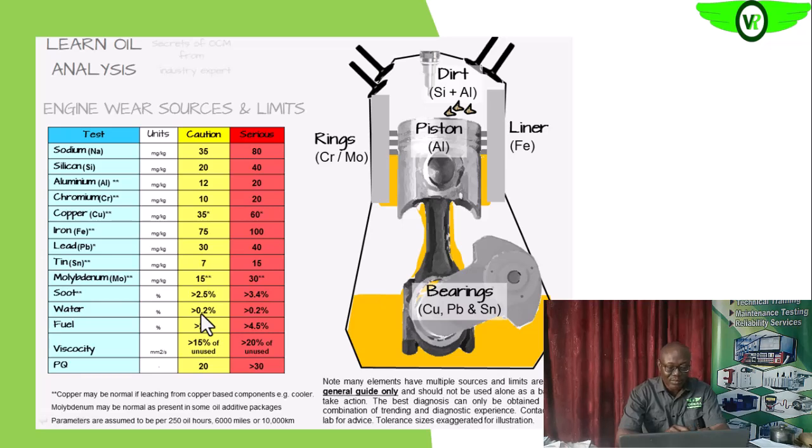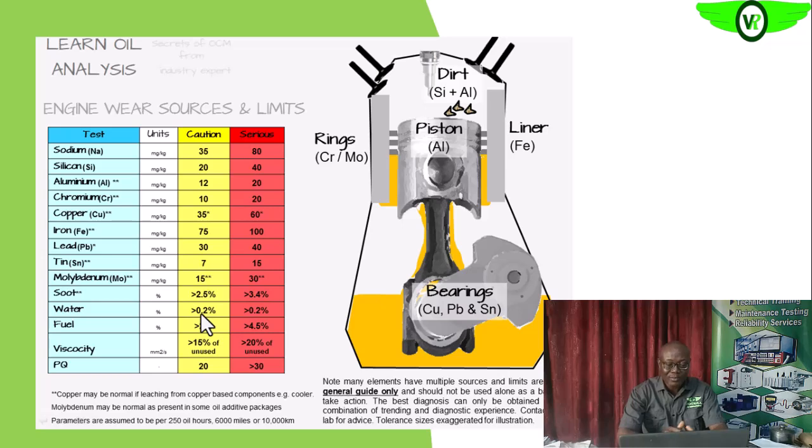Then fuel contamination too, and if the viscosity is more than that, you compare the viscosity of the used oil, the one you sampled, to that of the unused oil, the oil from the drum.